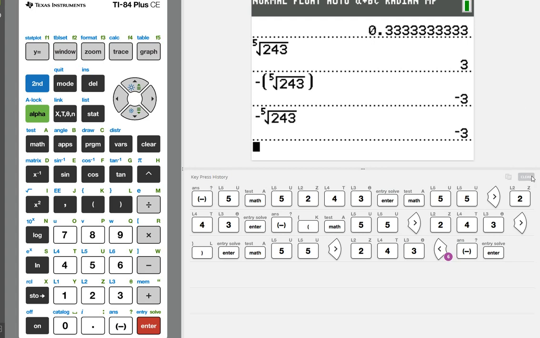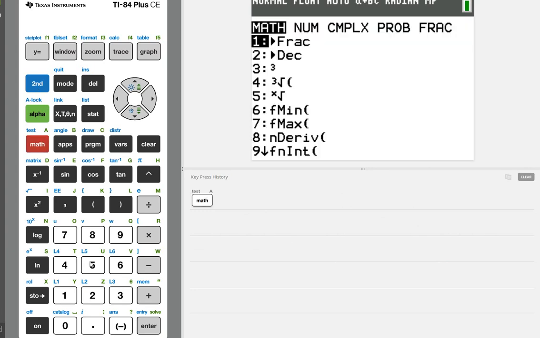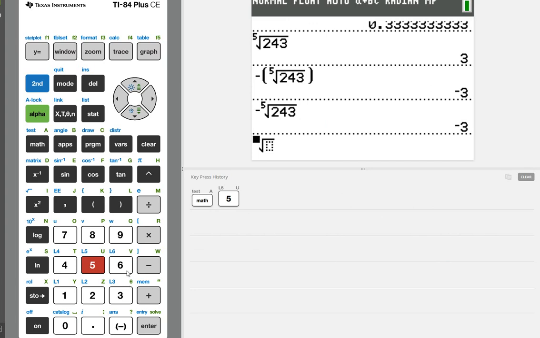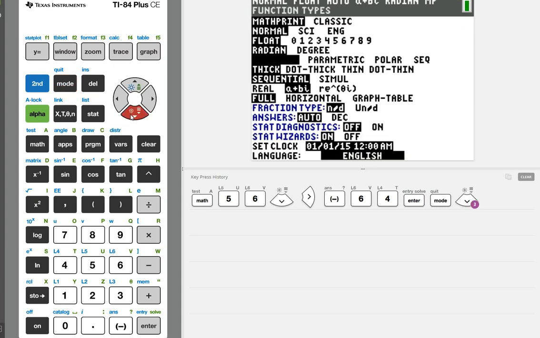But the one after that should have given you some problems. What happened when you tried to take, say, the 6th root of -64? Let's see, 6th root of -64. I keep on forgetting to change my mode.